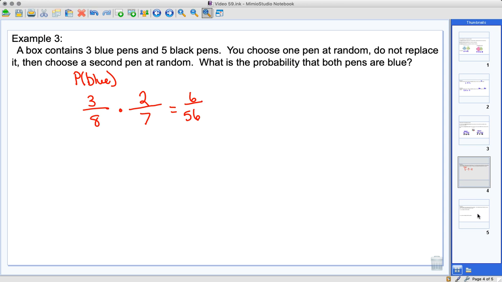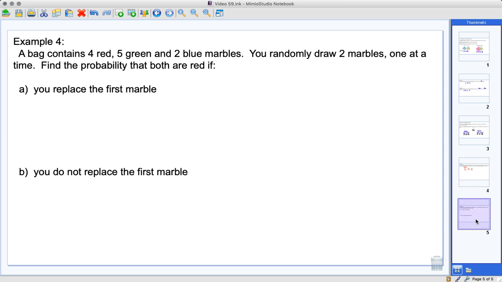All right, last one. So got 4 red, 5 green, 2 marbles. Okay, randomly draw 2 marbles one at a time. Find the probability that both are red if you replace the first marble or you don't replace the first marble. Okay, so something I always do is I always find my total.